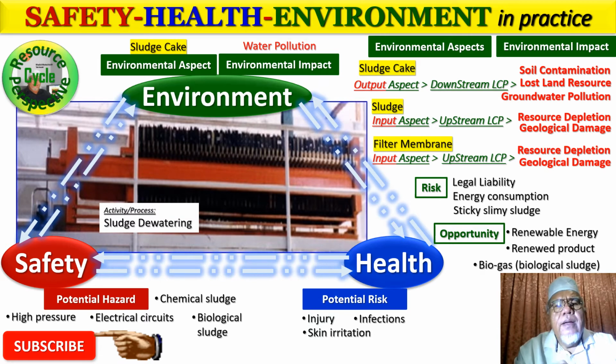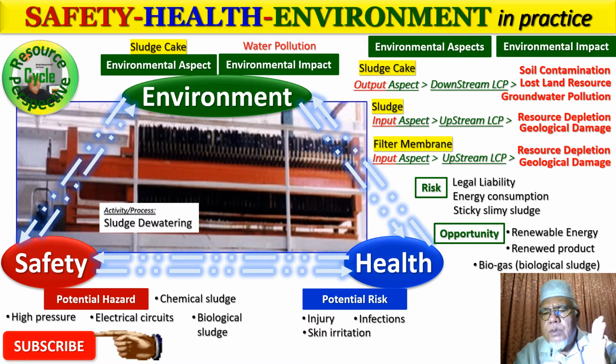Okay, look, the sludge coming from the IETS, or industrial effluent treatment system, or sewage treatment system, if any, would enter this equipment, and the entire membrane is stretched. It flows in, and once it has filled up the entire filter membranes, the entire compartment, it will then be pressed.